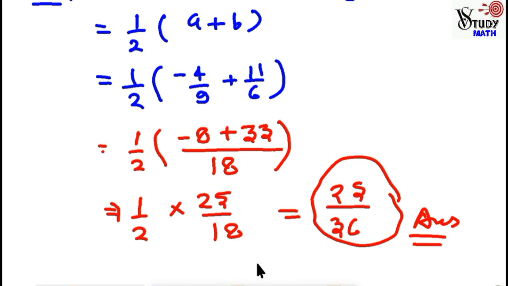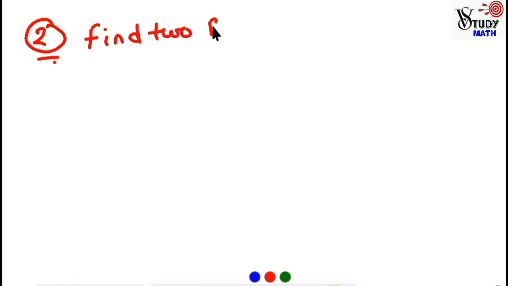Now move to question number 2 of exercise 1D from the book. Question number 2 is: find two rational numbers between negative 2 and 2.